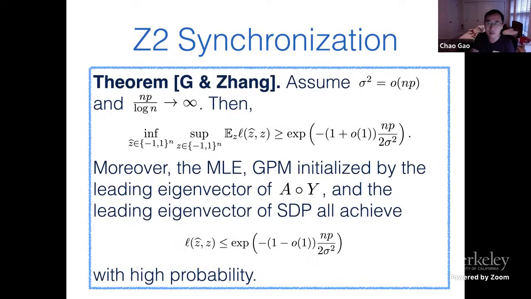And here is our result. Under the same assumptions, we first of all have a lower bound, and then we also have an upper bound for all the three methods. The only difference that you see from this result compared with the result of phase synchronization is that here, the minimax risk is actually an exponential function of the signal to noise ratio, right? The reason is here, we want to estimate a discrete parameter.